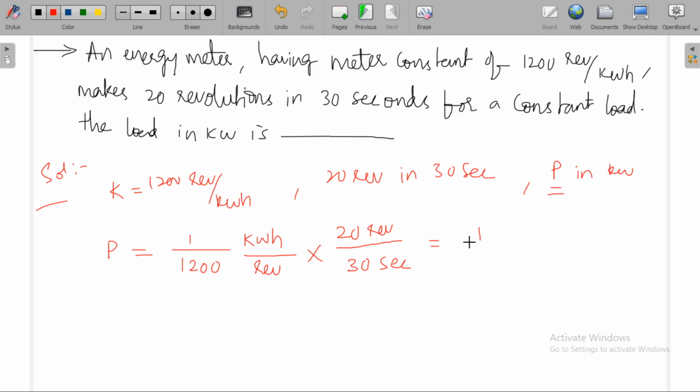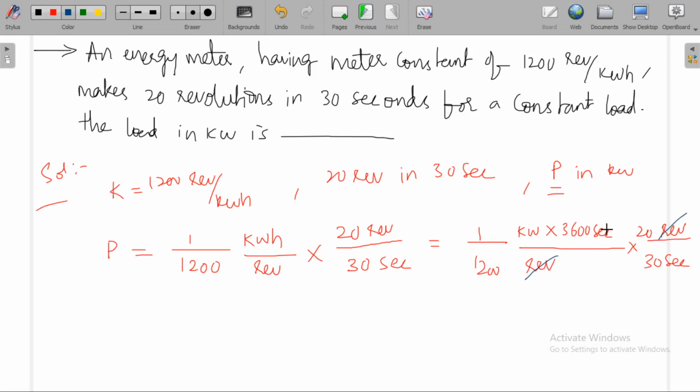This is nothing but 1 by 1200 kilowatts into 3600 seconds, since 1 hour is equal to 3600 seconds, by revolutions, into 20 revolutions by 30 seconds.